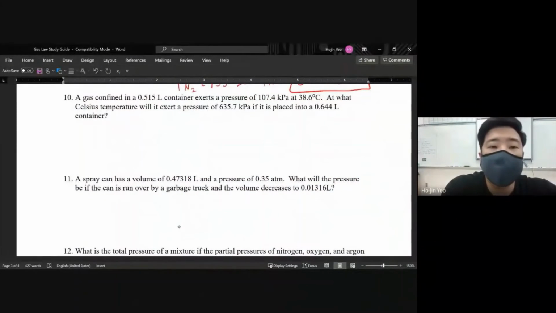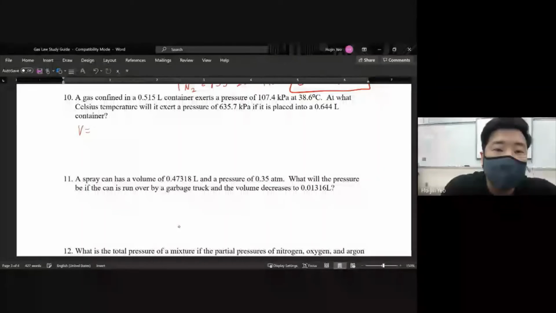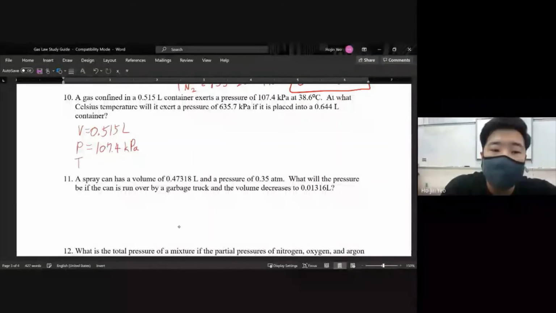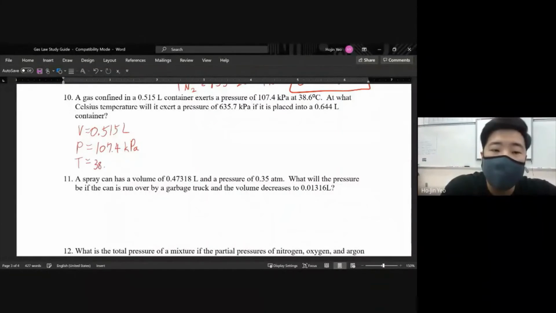Next, it says a gas confined in 0.515 liter. So I'm just going to put volume as 0.515 liter, and the container exerts a pressure of 107.4 kPa at a temperature of 38.6 Celsius.